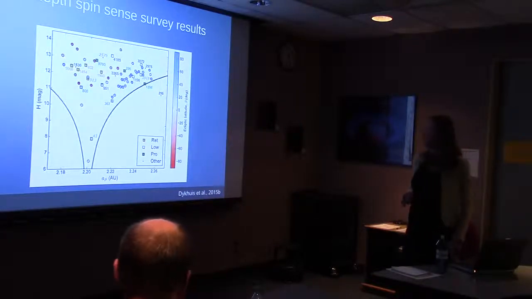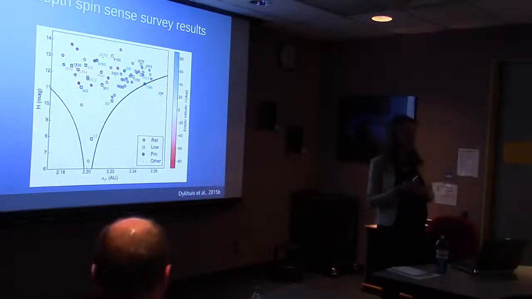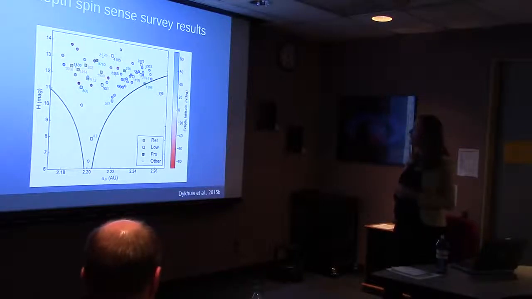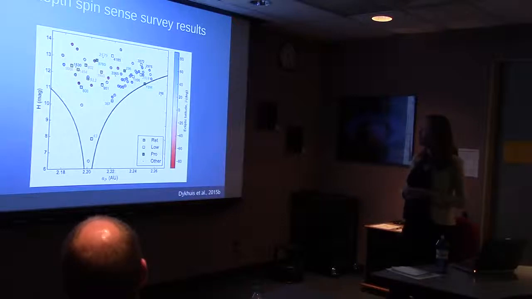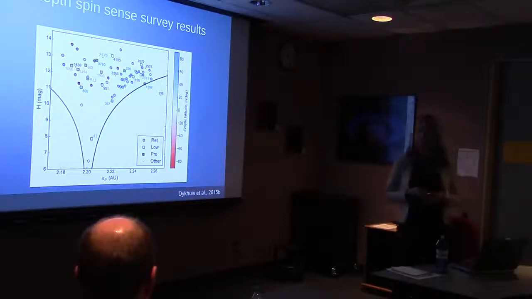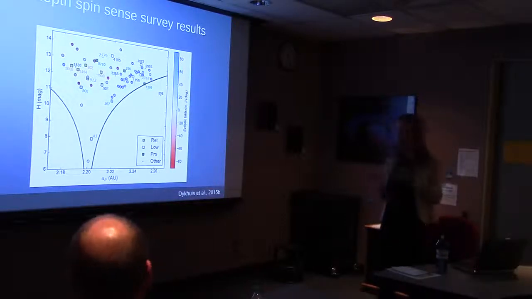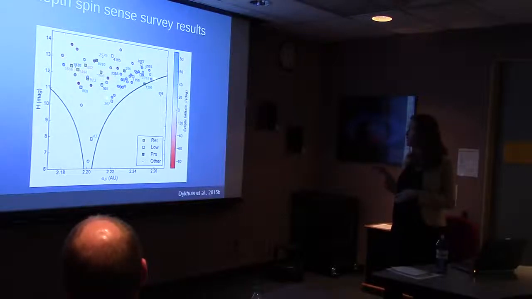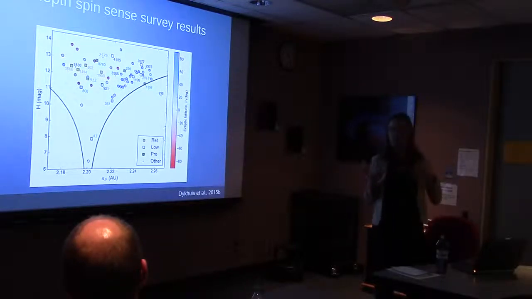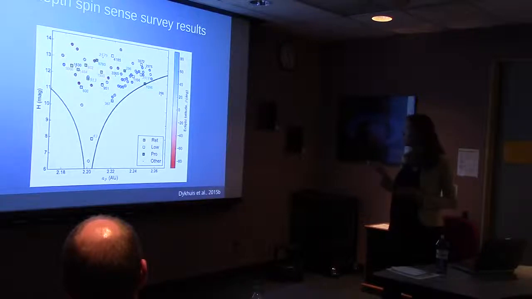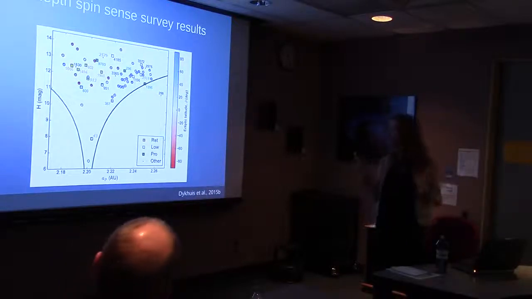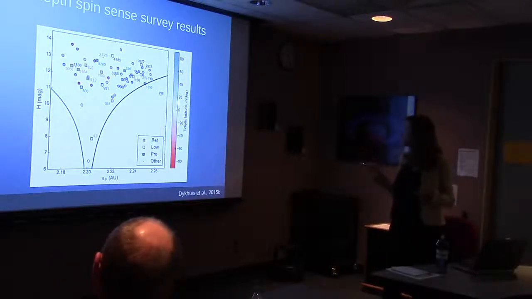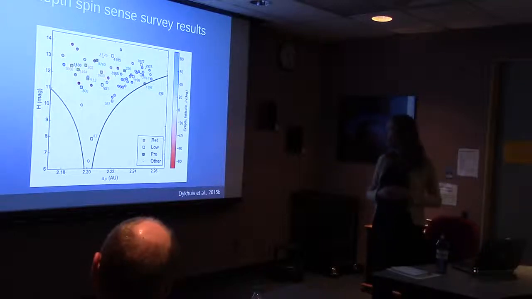So what I did was I took an in-depth Spinsense survey to measure the spin sense of the objects in the Flora region to test two different dynamical models, one of which predicts that all the objects that are close to the edge of the Flora family will have very prograde spins, like very dark blue prograde spins. And the other model predicts that they will have a variety of prograde spins, 0 to 90 degrees all through that range.